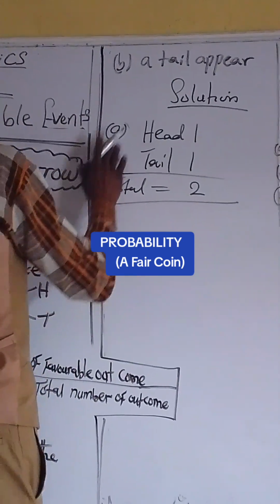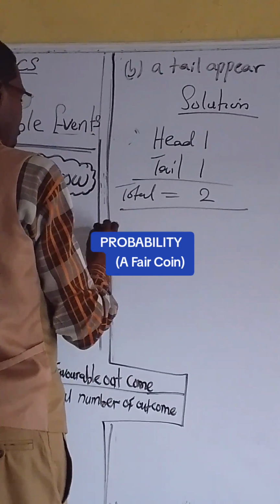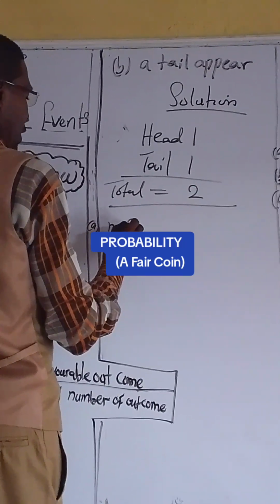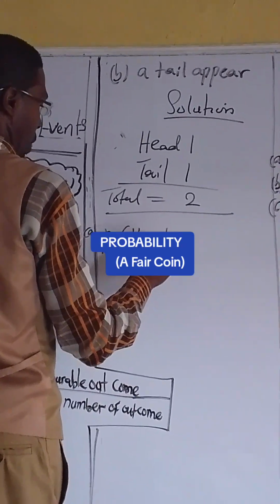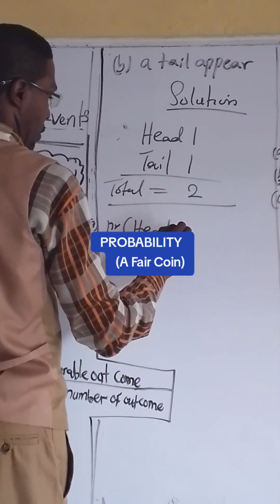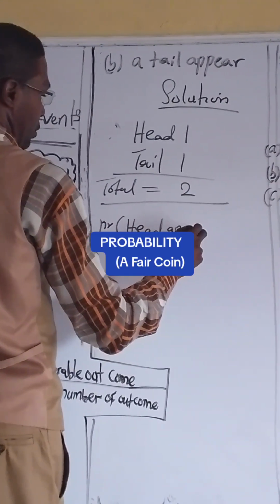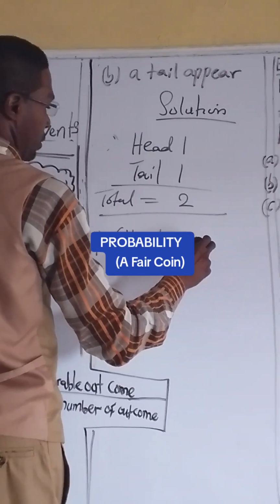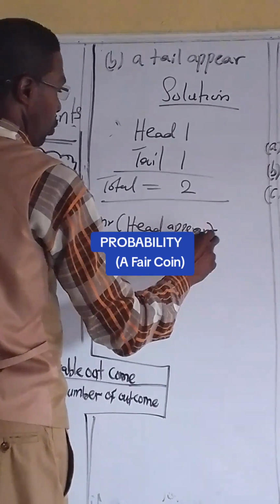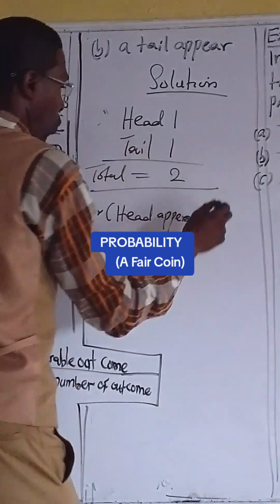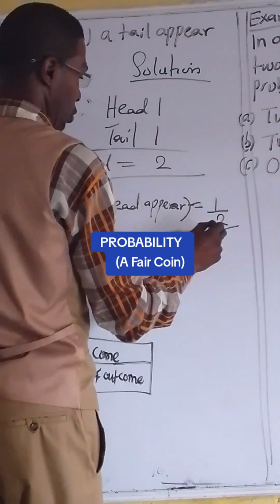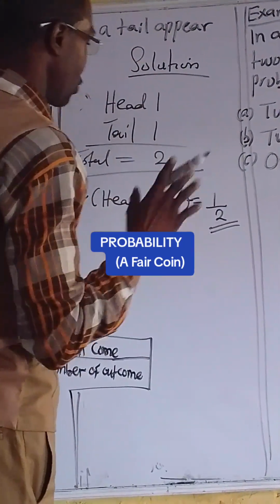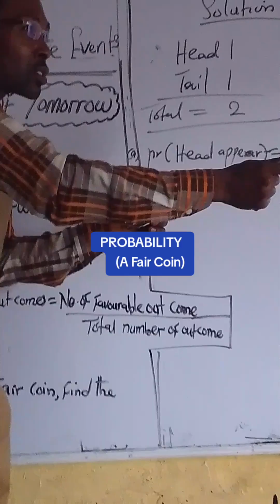According to the statement, the probability that a head appears is 1 over the total, which is 2. The total is 2 because it is being thrown once.